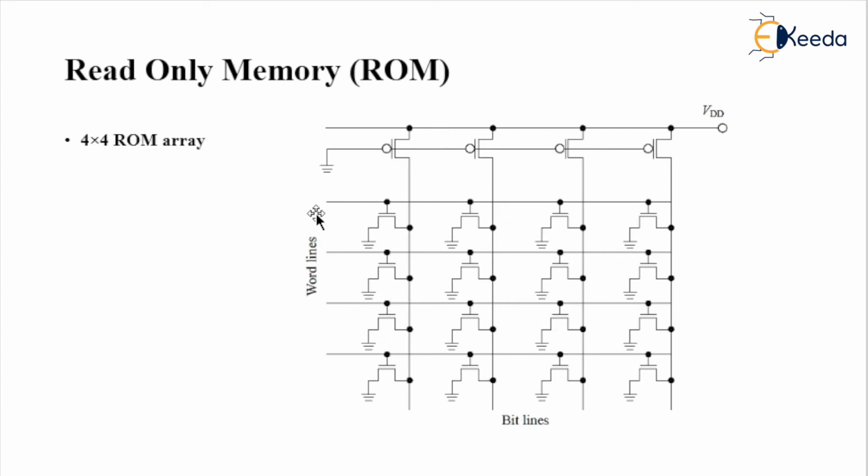So whenever these word lines are high, high means at logic 1, means absolutely VDD, or the maximum voltage of logic 1 is VDD minus V threshold. Is it clear to you?